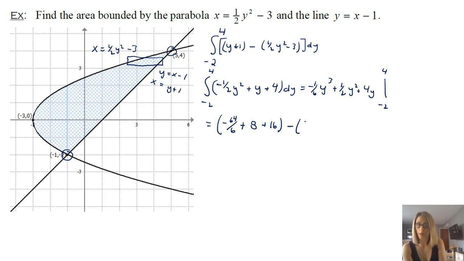It looks like we'll have a positive 8 over 6, because I'm going to have a negative 8 times a negative 1/6, and then plus, I have y squared, so 4 times a half, so 2, and then a negative 8 here. Let me just check my numbers. Yes, that is what I have.